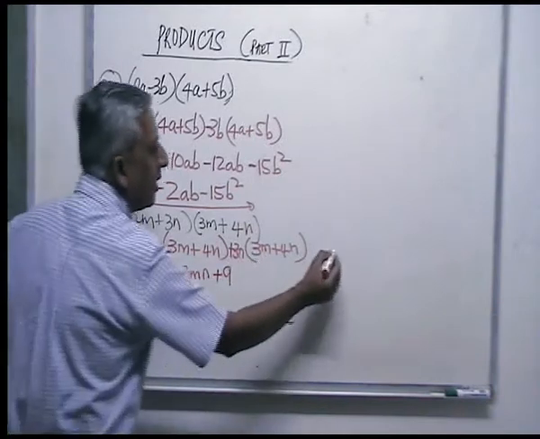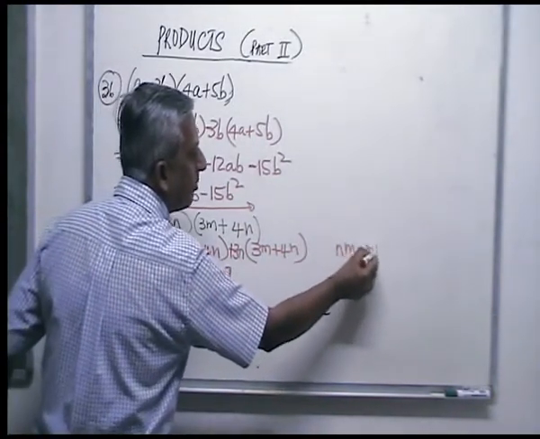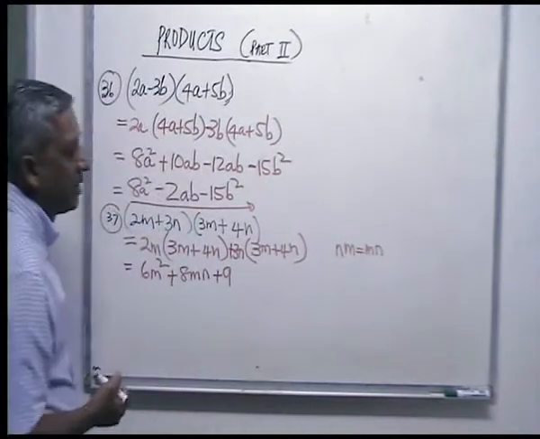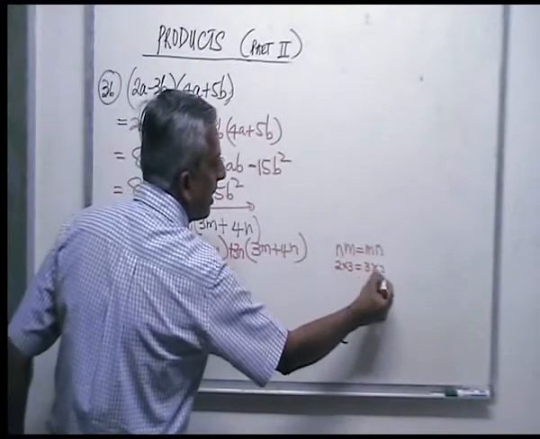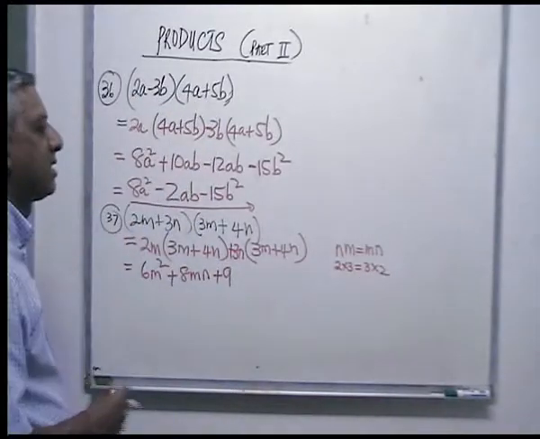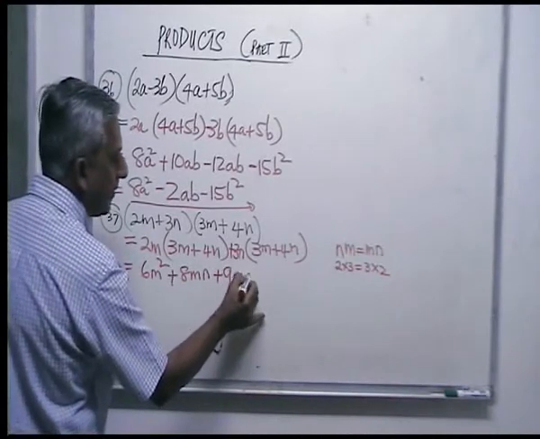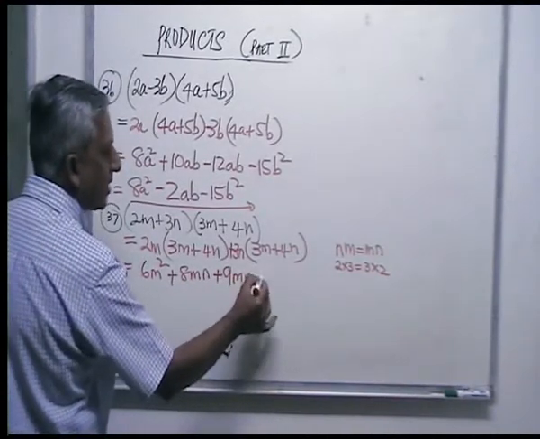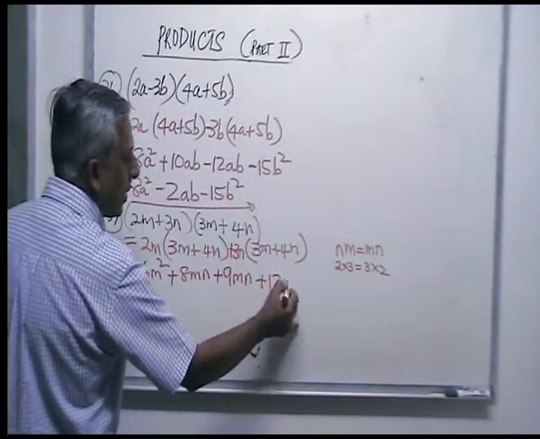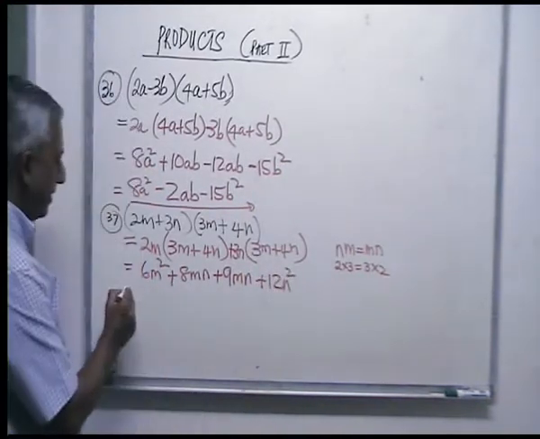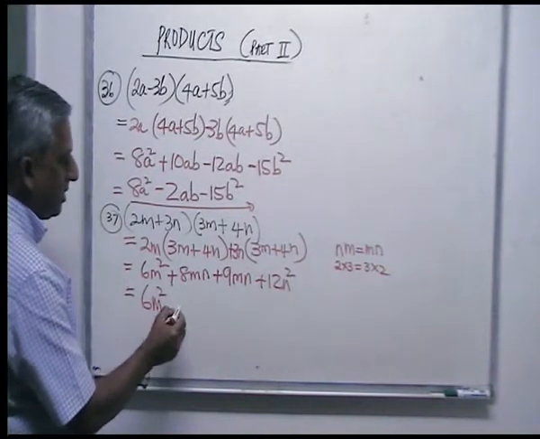N times m, nm is the same as mn. It's like saying 2 times 3 is 3 times 2. 2 times 3 is 6, 3 times 2 is also 6. So you can write mn here. Plus 3n times 4n will give you 12n squared. And then this is 6m squared.